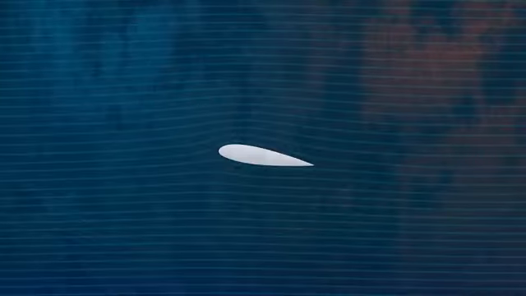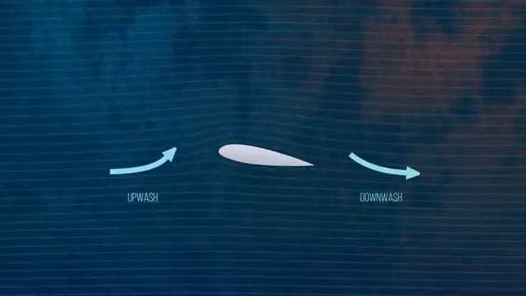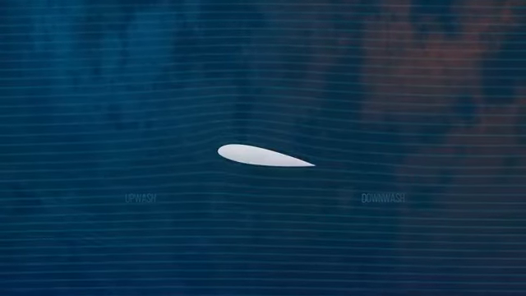Upstream of the airfoil, the flow is being swept upwards, which is called upwash, and downstream the flow is deflected downwards, which is called downwash. A very large volume of air is being displaced by the airfoil. Newton's third law tells us that for every action there is an equal and opposite reaction.